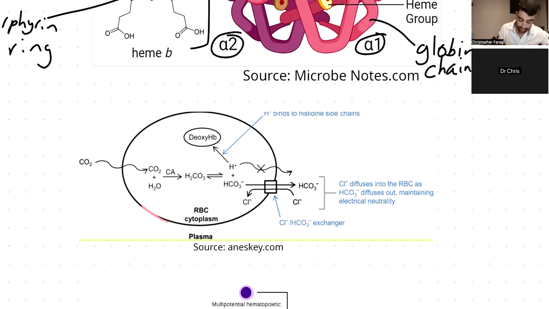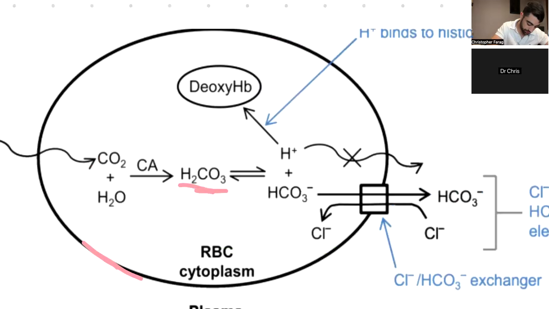Whenever we undergo metabolic processes in whatever peripheral tissue, our heart, our muscles, our brain, we produce carbon dioxide as the waste product of energy metabolism. And so carbon dioxide over here can enter into the red blood cell, react with water to produce carbonic acid, H2CO3. And this is via an enzyme called carbonic anhydrase, which I will label for you here.